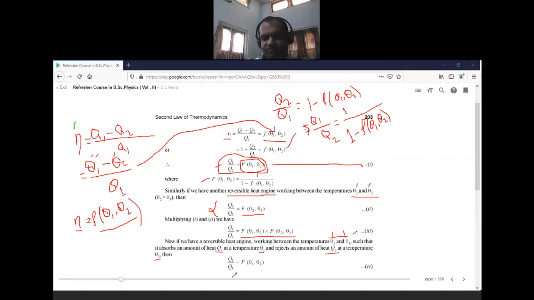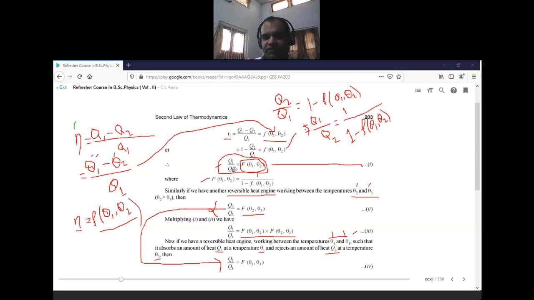equivalently we can write Q1 by Q3. Why are we writing Q1 by Q3? Because we already got it in equation 3, after multiplying equations 1 and 2. So Q1 by Q3 will be a function of theta 1, theta 3.